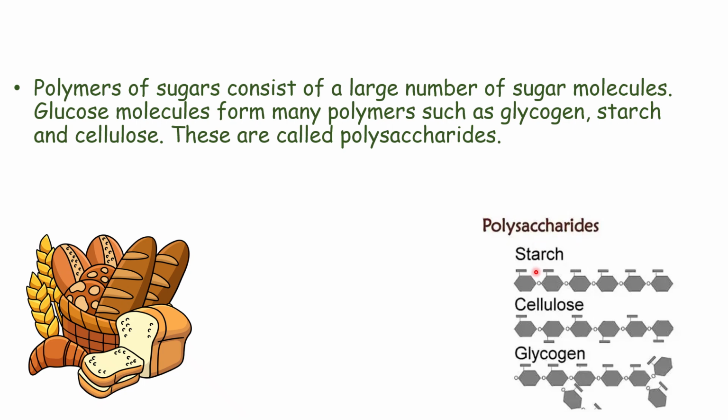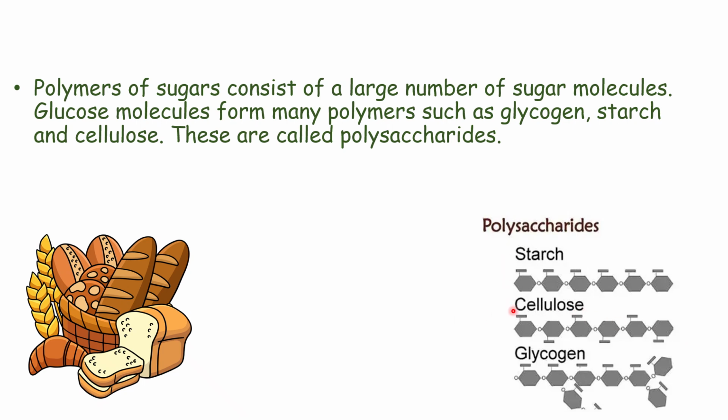Glucose also can form cellulose. Cellulose is another polymer made of glucose units. Again, each one of these is a unit of glucose. All of them are joined together chemically to form the polymer cellulose.